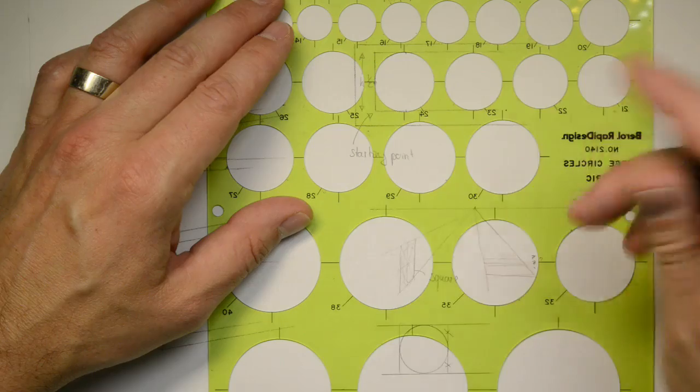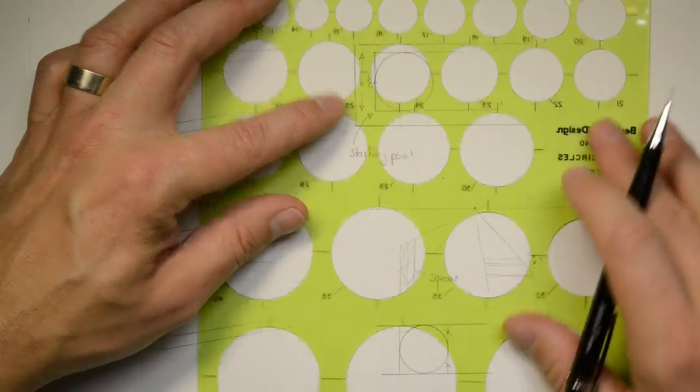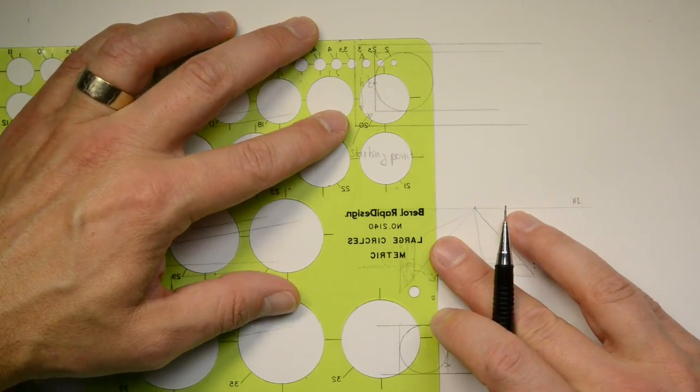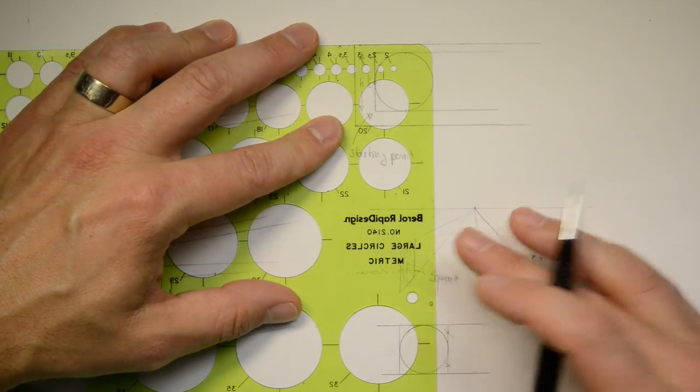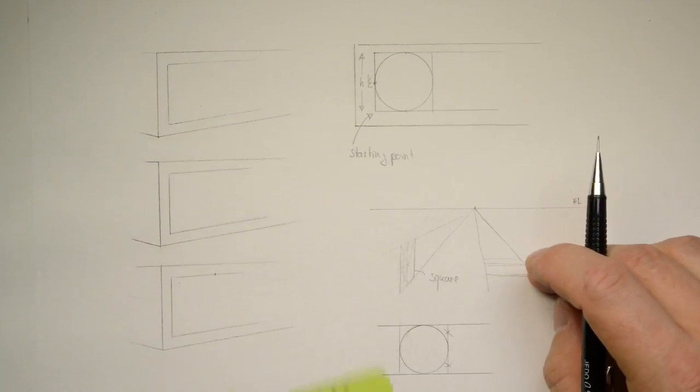So here we go. This looks pretty good. And I can place my circle in here. And with having this circle now, I can determine where this will become a square.